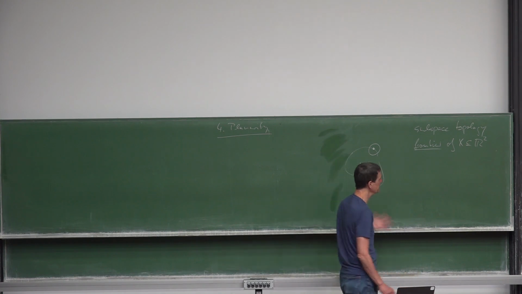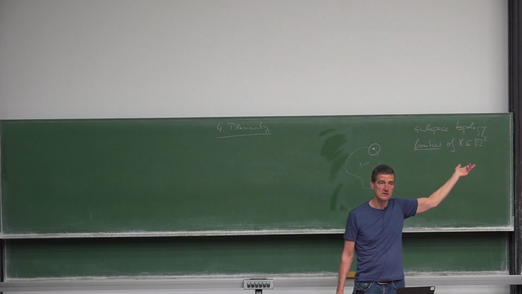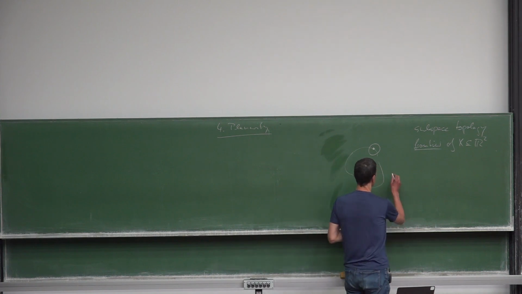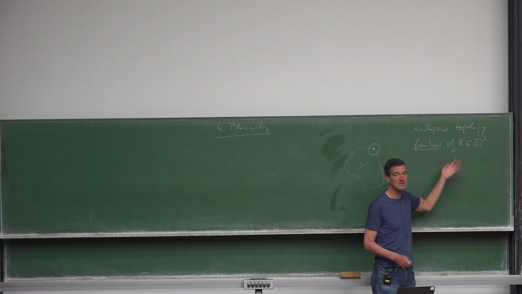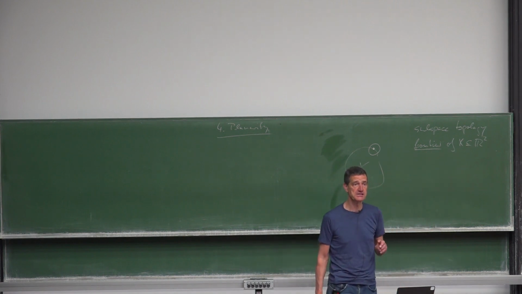And you can prove that the frontier of a set is always closed. Why is it closed? You have to show that the complement of that frontier is open.